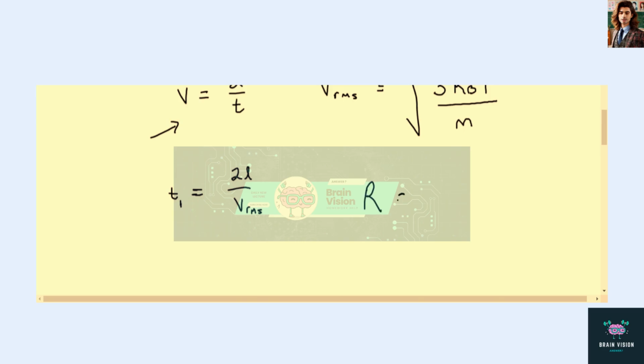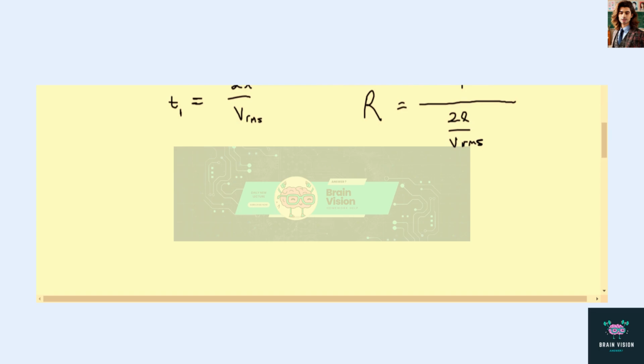So R would be equal to one collision in a time interval of 2L over VRMS. Or if we flip that over, we'll have that R is equal to VRMS divided by 2L. And this is for a single molecule just bouncing back and forth in this direction, right?